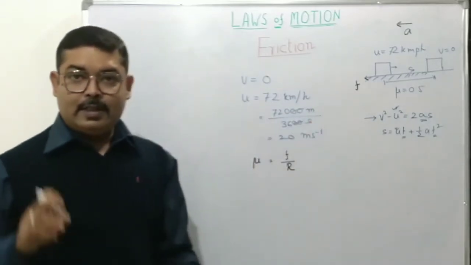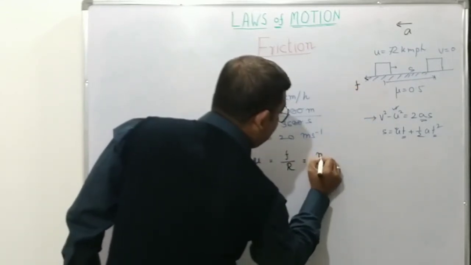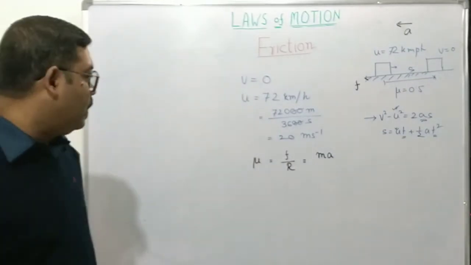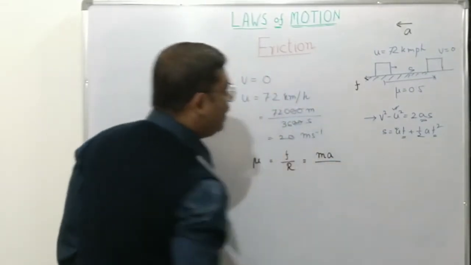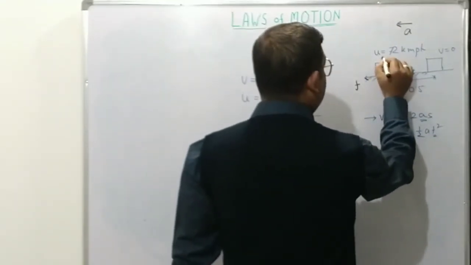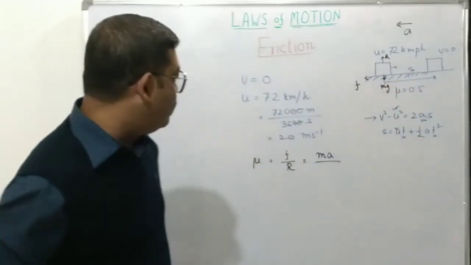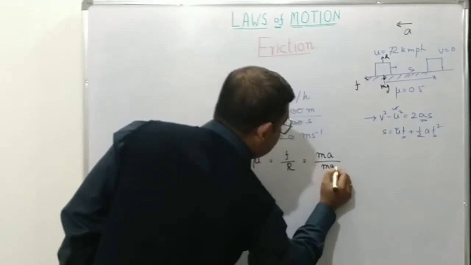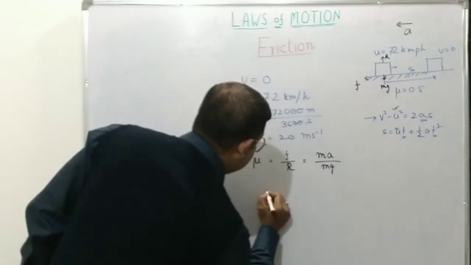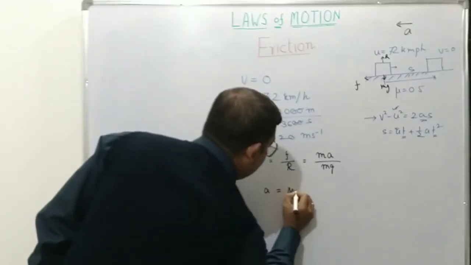By applying Newton's second law, this force of friction will be equal to the mass of the object multiplied by the acceleration it produces. And the normal reaction R always balances the downward weight, so it will be mg, which means that a will be equal to mu into g.